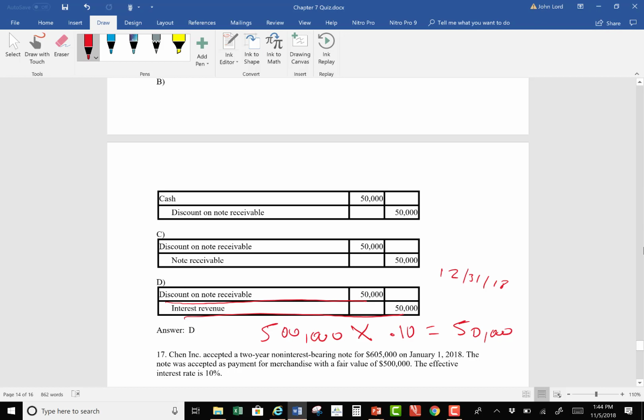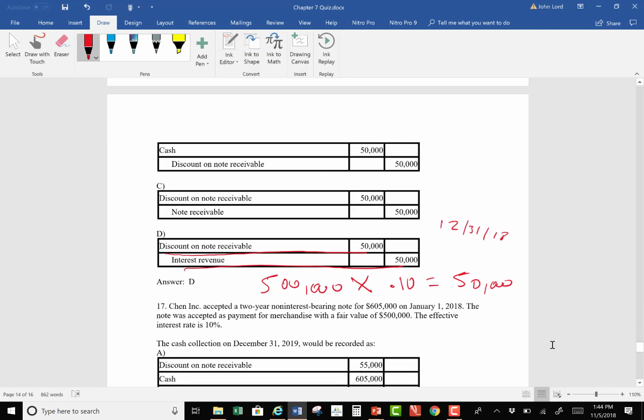Okay, now I'm pretty sure the next question, I seem to remember that I put in there, then asked the effective interest, the cash collection would be recorded as. And so what we're going to do is take this 500,000, which was the carrying amount of the note when we first signed it.